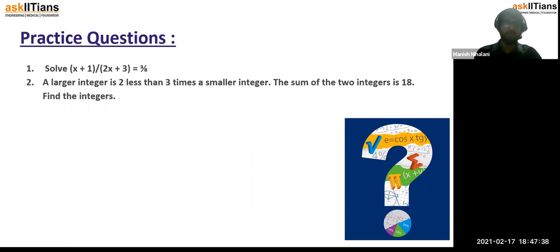Now I'm giving you all some practice questions to solve as part of your homework assignment. I hope you all will solve these questions and learn from them. You have to solve (x plus 1) upon (2x plus 3) equal to 3 by 8. And the other one is on the larger integer. What do you mean by integer? Do they include decimal points?